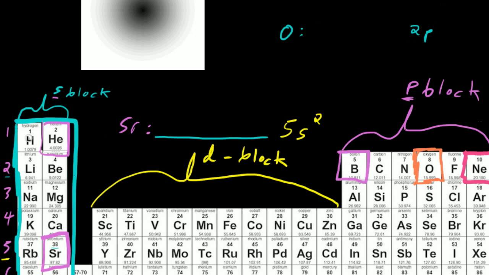So let's first start filling up from the bottom. We start out with our 1s orbital, completely full with 2 electrons. Then we move to our 2s orbital, which starts out like lithium with 2s1, but we know our 2s orbital is going to be completely full, so we have 2s2.